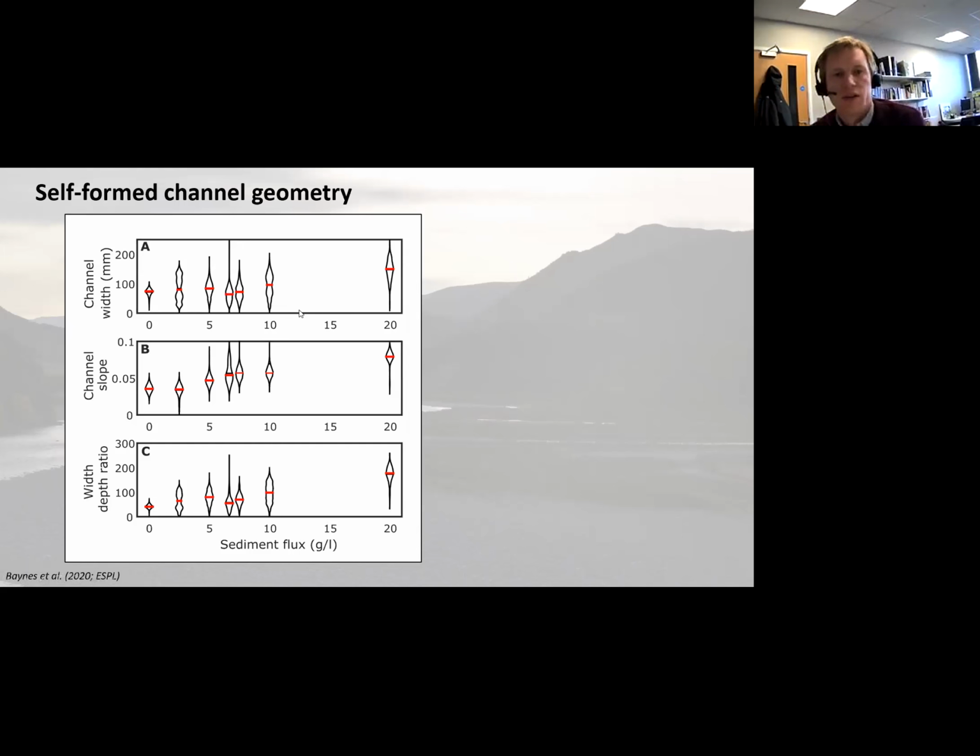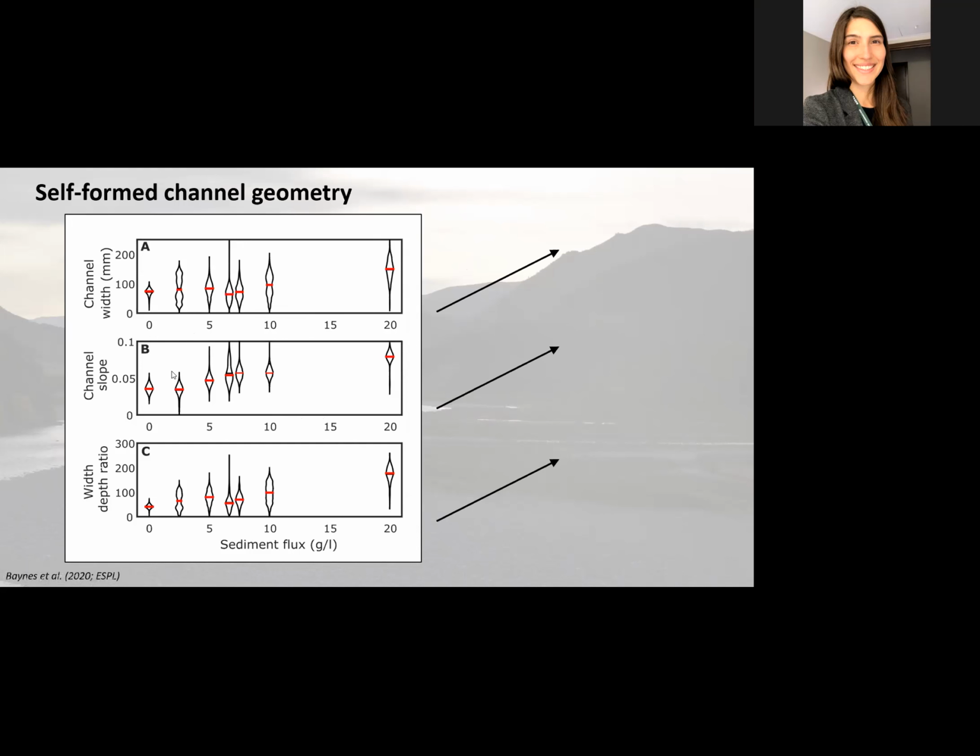And what you can see here is effectively an increase in the channel width, an increase in the channel slope, and an increase in the width-depth ratio as you increase the sediment supply. Admittedly, there's quite a lot of overlap between the different experiments, but hopefully you can see that trend.